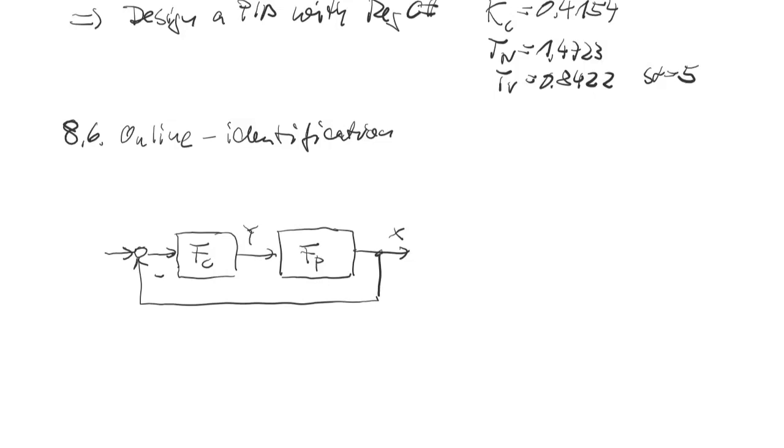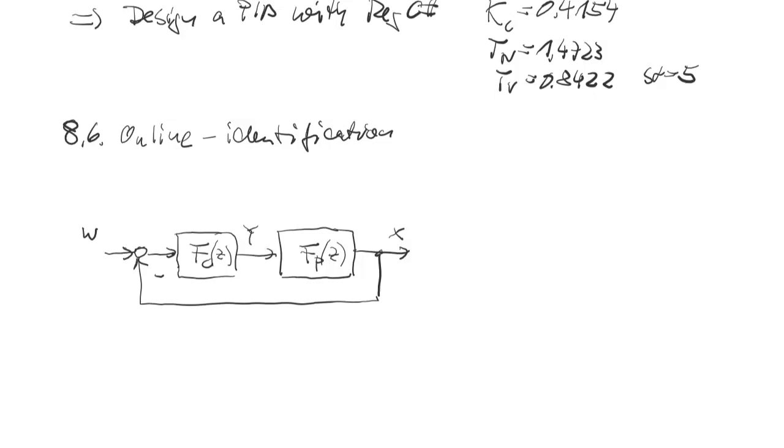Here I have the desired value W. So this loop runs continuously in a digital system. So this is a digital controller, and the process is an analog process, but with a digital transfer function.